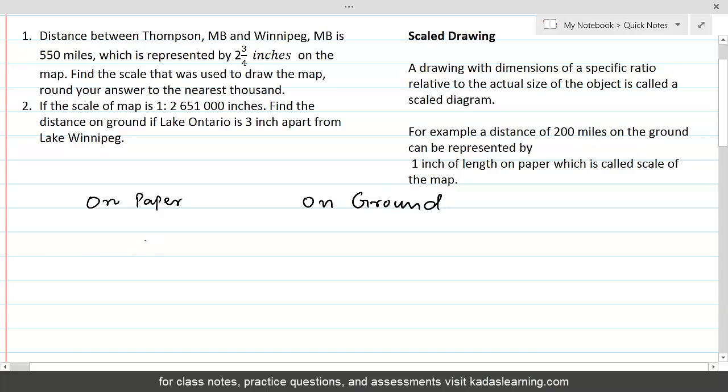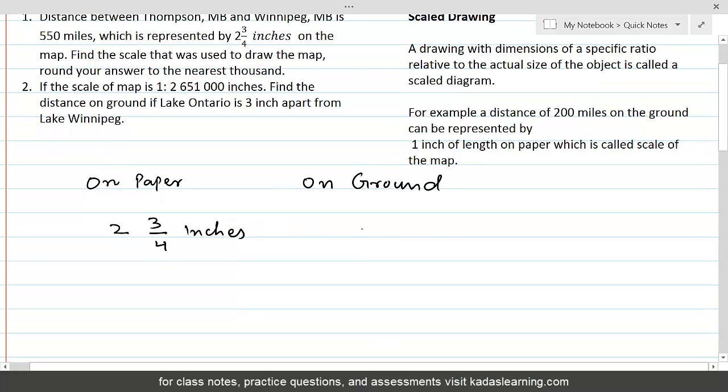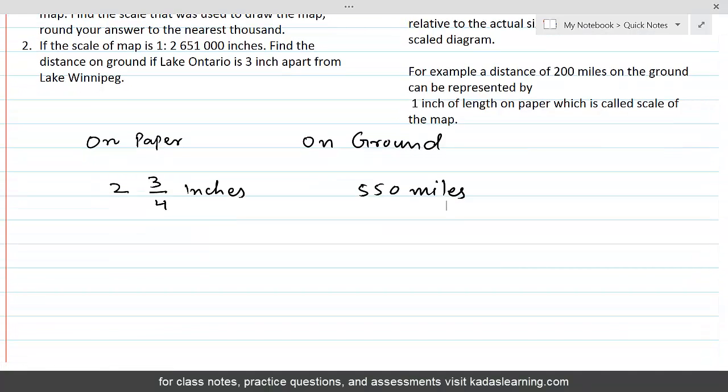So when on paper it was 2 whole 3 by 4 inches, on ground distance was 550 miles. So now when on paper we are requiring 1 inch, 1 inch will represent how many miles?